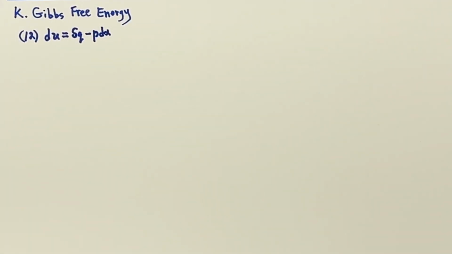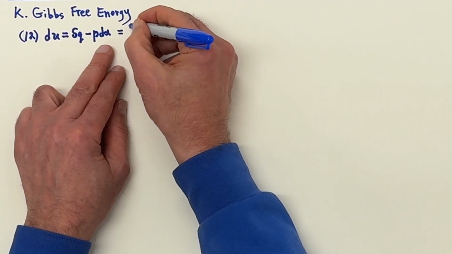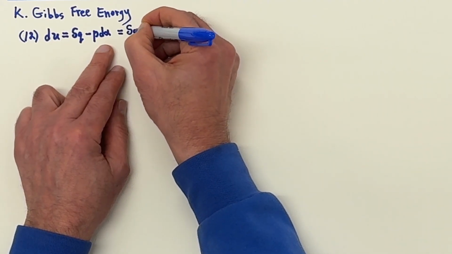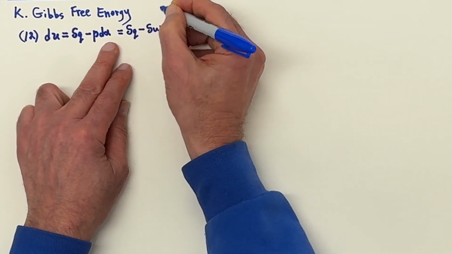We use alpha for that. So you can think of the bare bones of the first law as the heat transfer into the system minus the work done by the system.